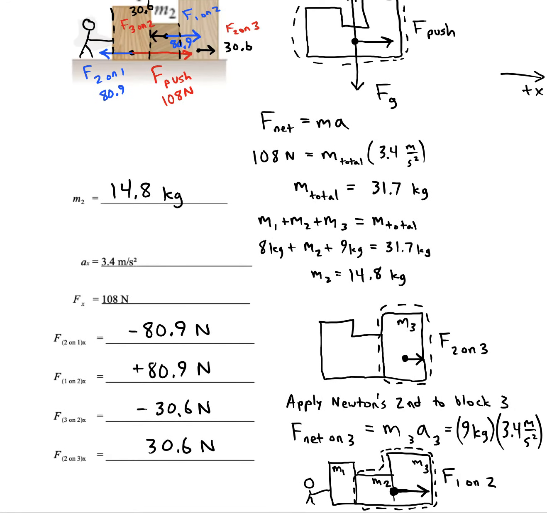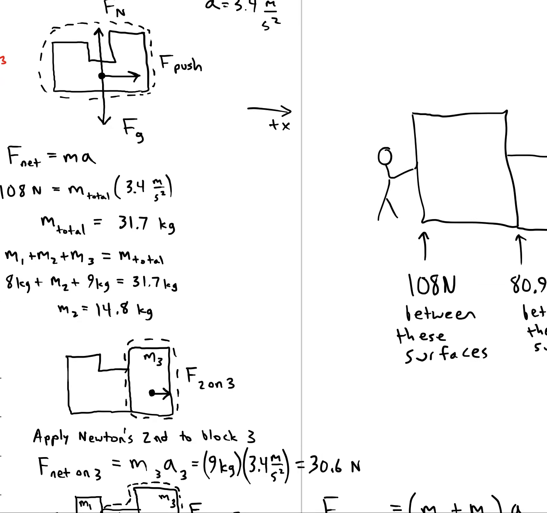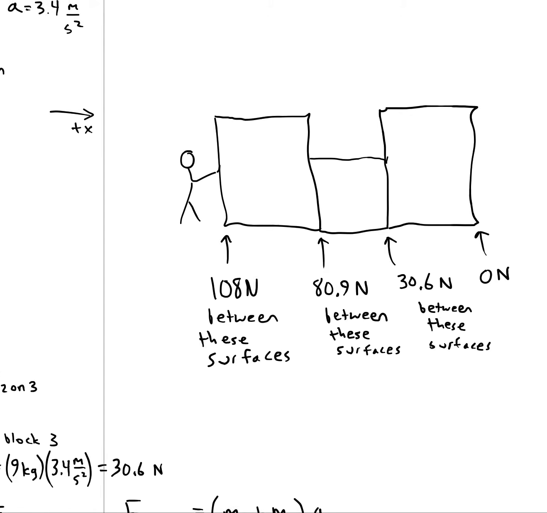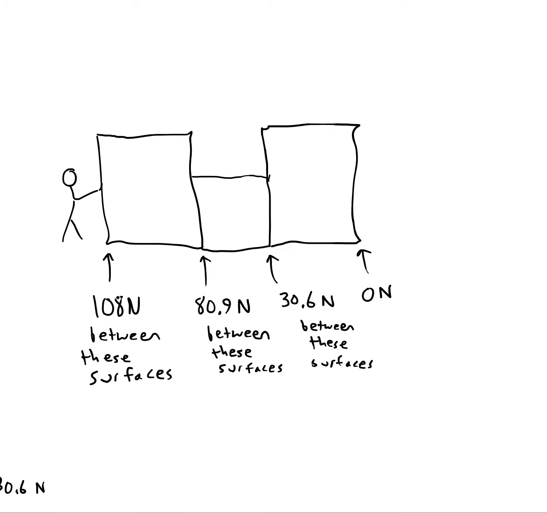So last time I calculated that there was going to be 108 newtons applied by the person on the left. 80.9 of those newtons would be used to push blocks 2 and 3.